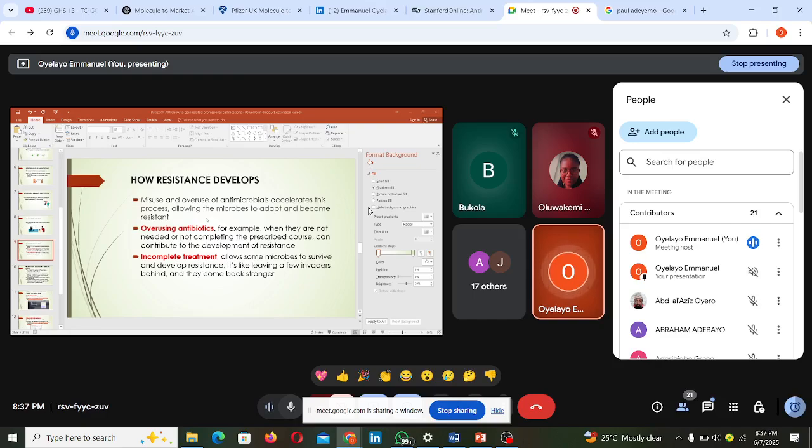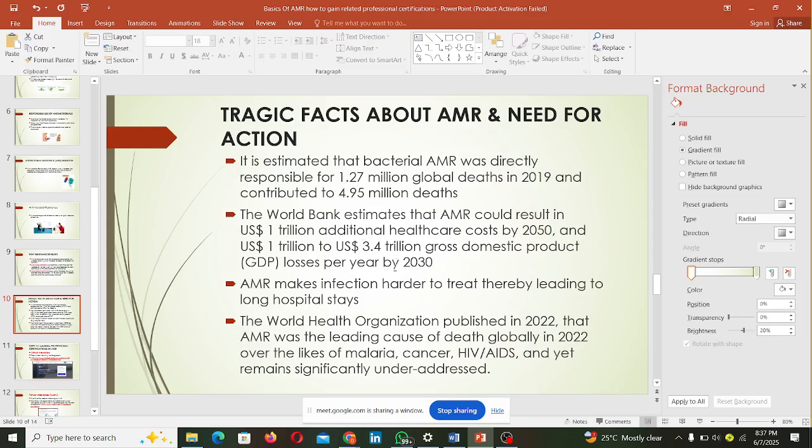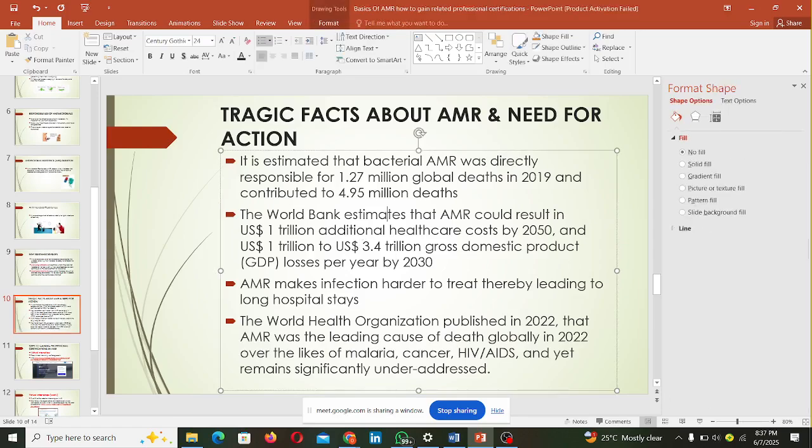And we have cases of death, many deaths associated with antibiotic resistance. It allows some microbes to survive and develop resistance, like leaving a few of the invaders behind, and they come back stronger to tackle the individual. So, deaths come from overusage of antimicrobials.